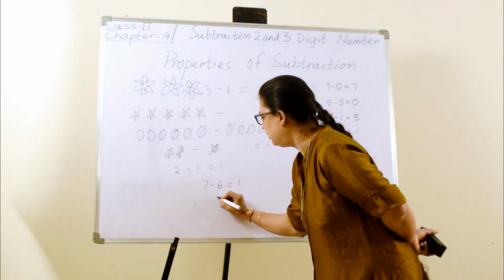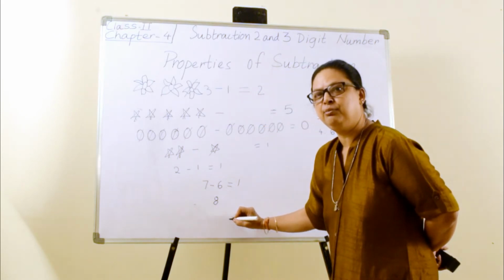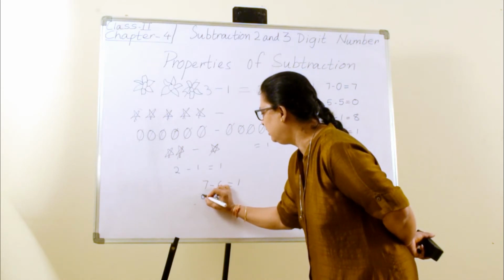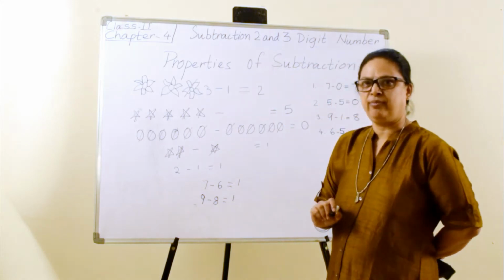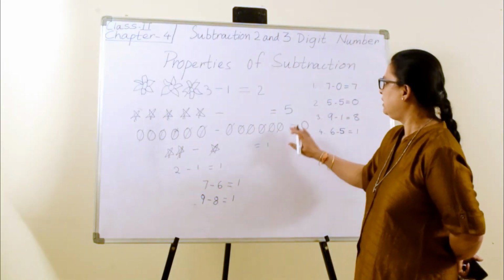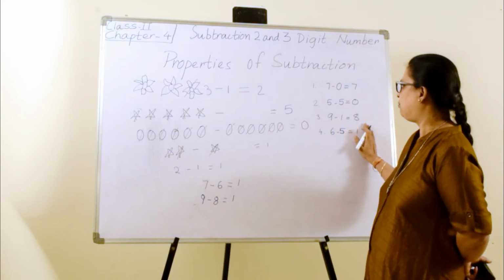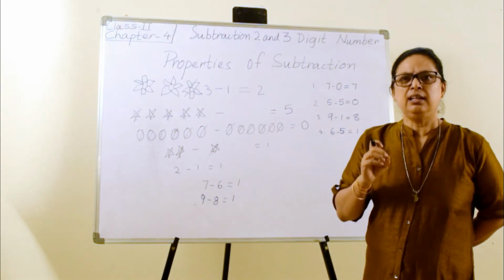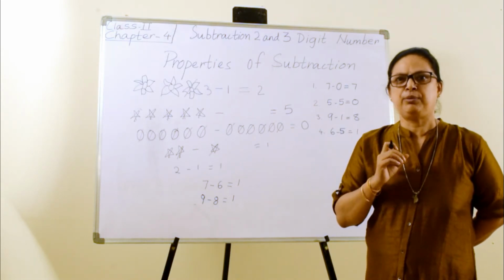Now let's take a number 8. What is the after number of 8? 9. So I will write 9 here. 9 minus 8 is equal to 1. Yes, children? So did you understand the properties? These are the 4 important properties of subtraction. The first one is, whenever we subtract 0 from any number, the result or the difference is the same number.